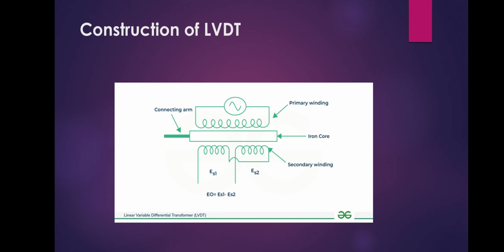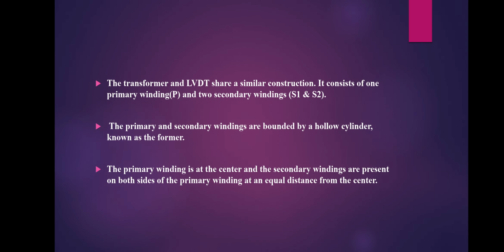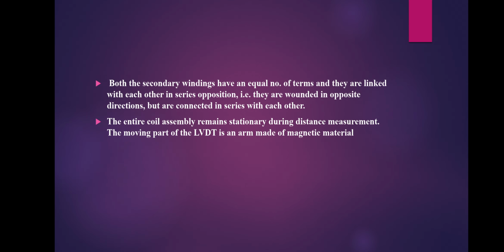This primary winding is connected to an alternating current source whose frequency is between 50 Hz to 20 kHz. Both the secondary windings have an equal number of turns and they are linked with each other in series opposition.